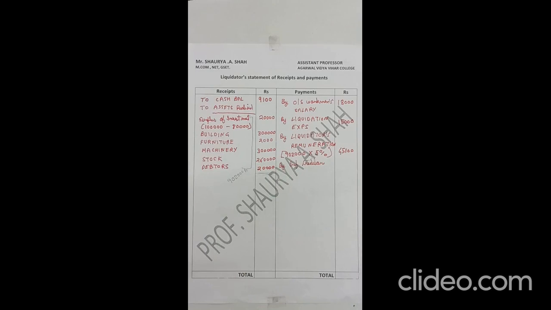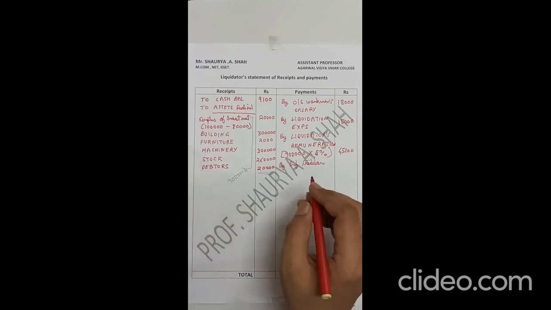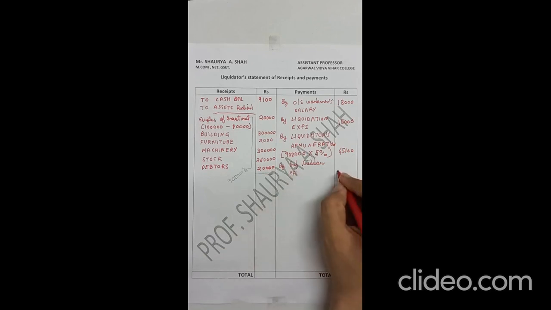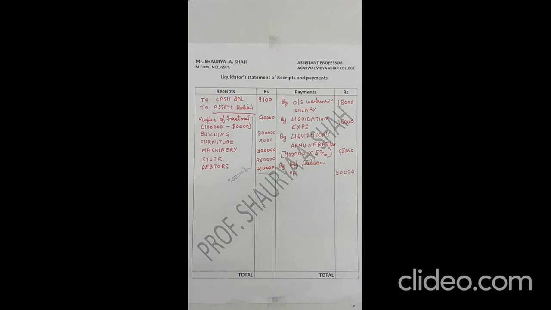Just remember the points. What do you include in preferential creditors, students? In our sum, what is being given? The very first thing in the balance sheet I can see, without any doubt, is Provident Fund. So write down Provident Fund first of all. Provident Fund is 50,000 rupees given in the balance sheet. I will write down the same amount.